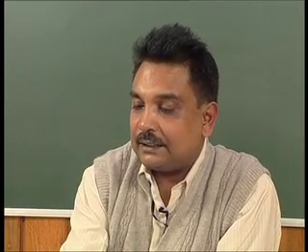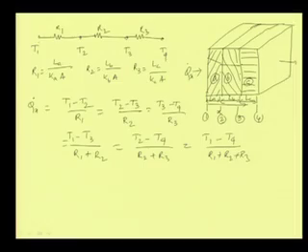Say, for example, this could be a temperature profile of this wall, depending upon the kind of resistance. Here the temperature drops sharply, here the temperature drop is relatively less, and here the temperature drop is a little more. So, what we understand is that the drop in temperature depends upon the resistance.